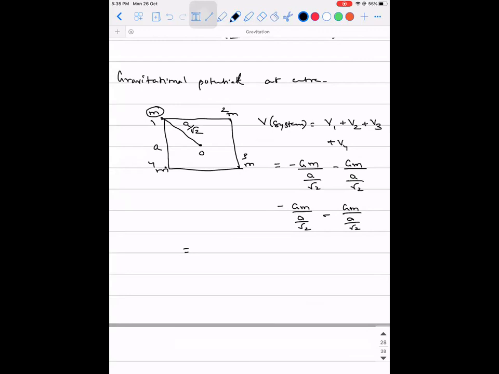So first mass is M. From the mass to the point, the distance is A by root 2. Similarly, second mass is M. The distance is A by root 2. So that's how it keeps on going.